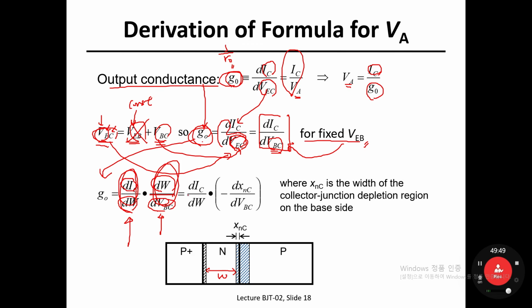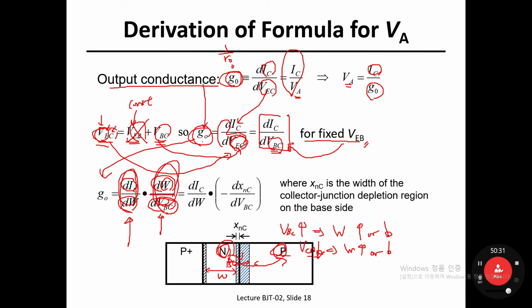But before moving forward, this W is very dependent on VBC, the base collector voltage difference in this PN diode, right? So if VBC increases, does W increase or decrease? VCB means this PN junction, so if VCB decreases, the voltage difference in this PN junction decreases.